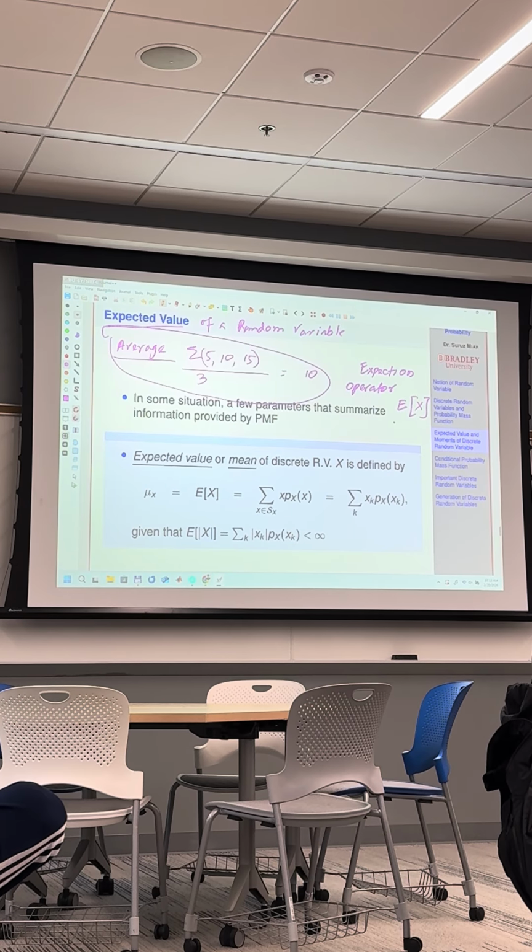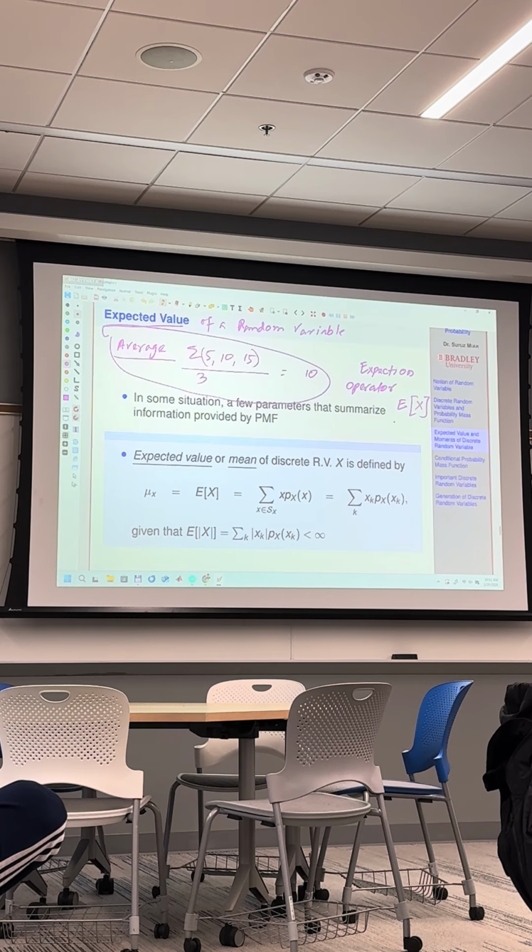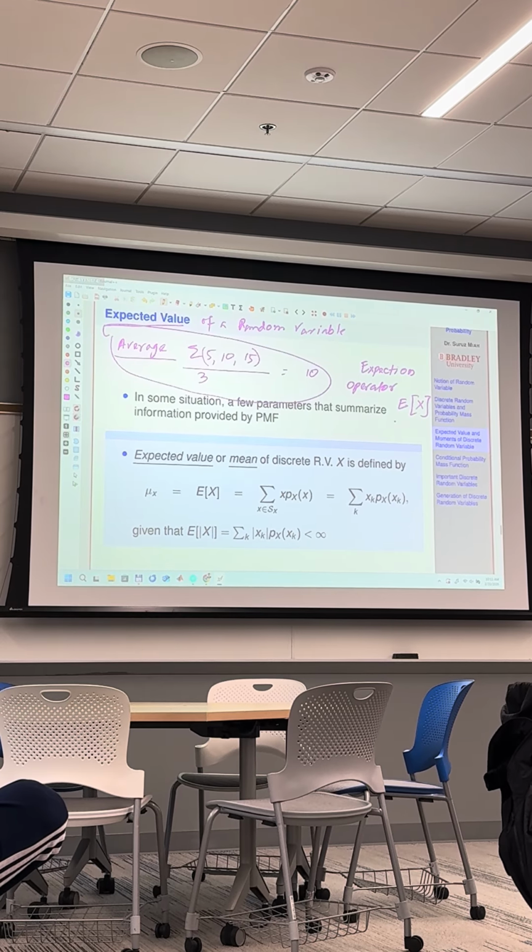When you perform an infinite number of trials from a random experiment and determine the probability, you use that probability to determine the expected value. So expected value is basically the mean of a population, the entire data that we can think of.